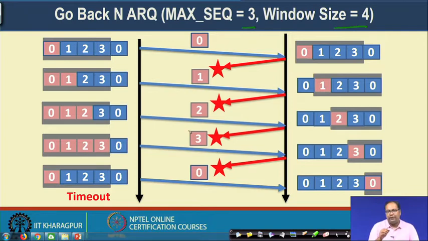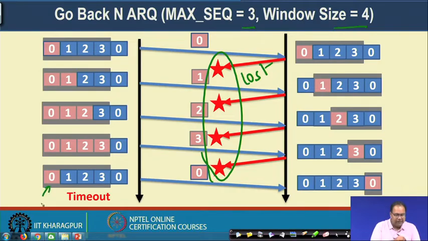Here is a typical example where the receiver has correctly received all the frames, but was not able to get the acknowledgements through. It has sent the acknowledgements, but all of them got lost in the channel. Now, the sender will experience a timeout because it has not received any acknowledgement from the receiver side. So, the sender will get a timeout and will send frame 0.